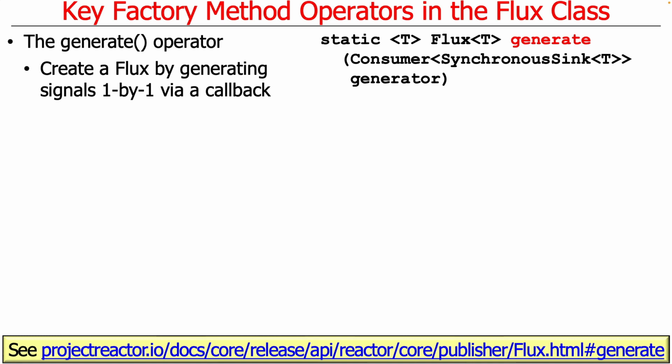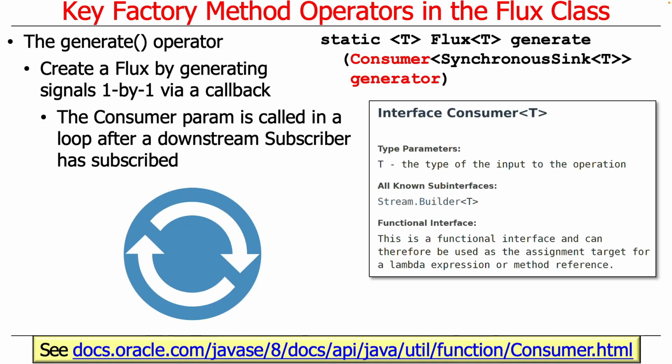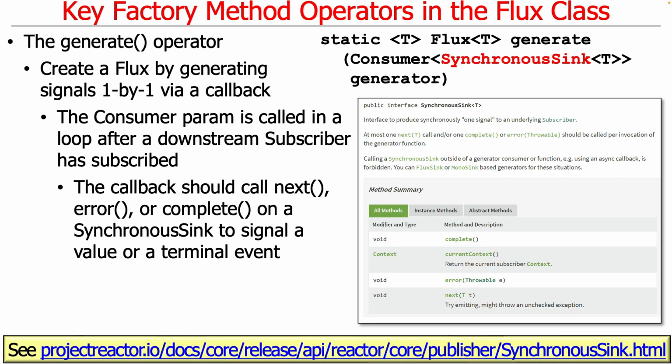So the generate operator creates a flux by generating signals one by one using a callback that's passed in here as a parameter. This parameter is a consumer parameter, and it's called in a loop after a downstream subscriber has subscribed to this flux stream, thereby setting the wheels in motion, as it were.